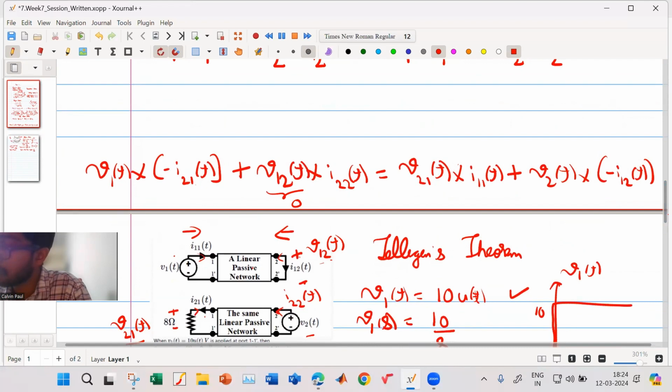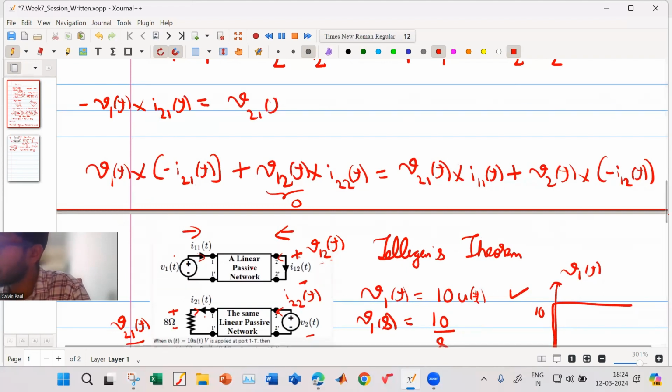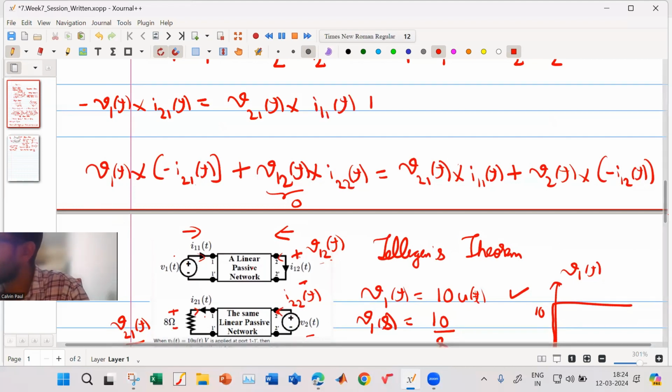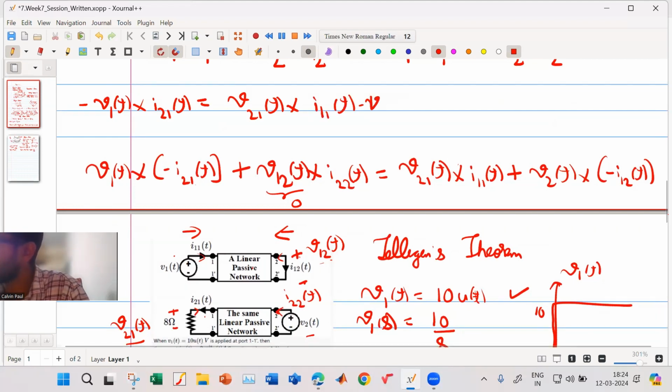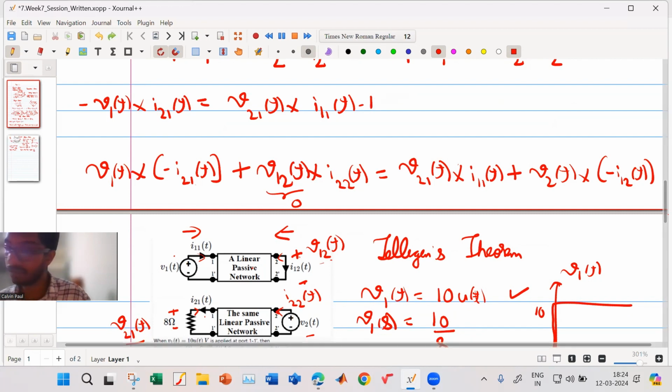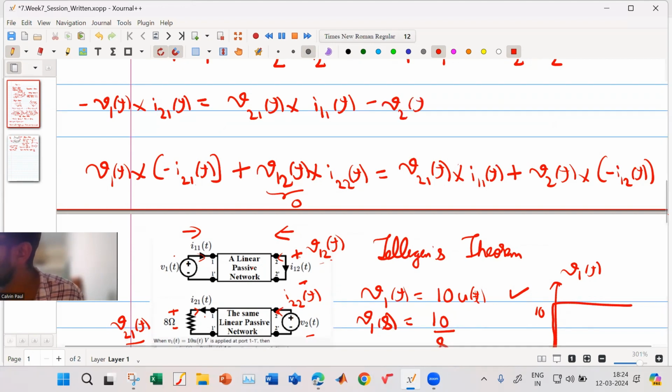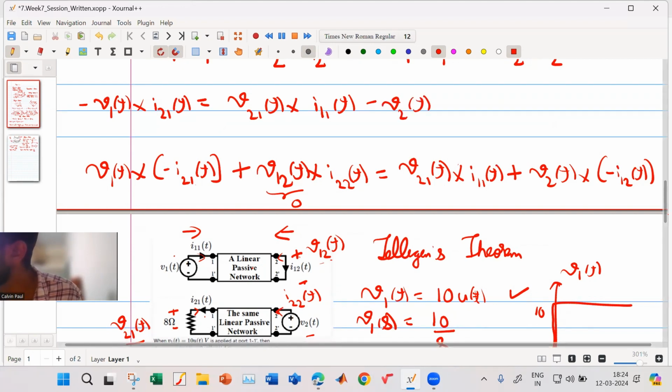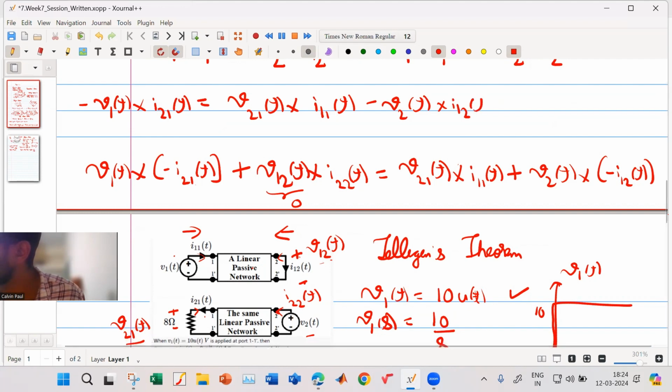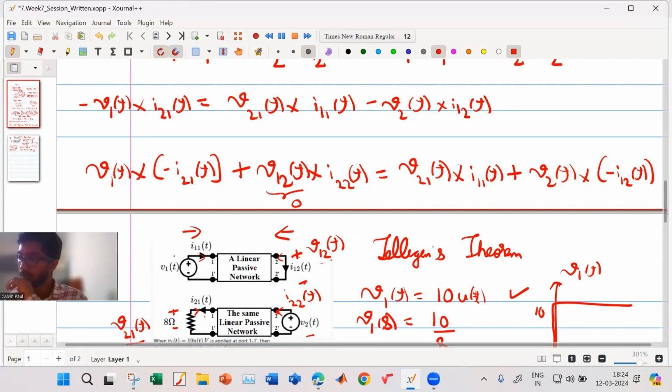So we get minus V1 of t into I21 of t is equal to V21 of t into I11 of t minus V2 of t into I12 of t. Yes. So now we'll take the Laplace transform.